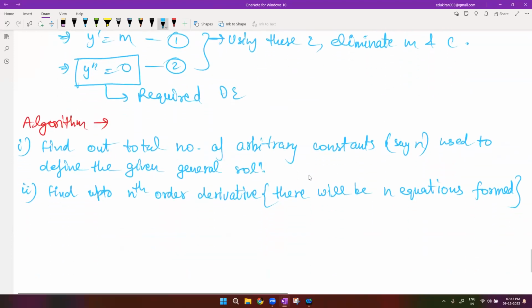So let's say you have two constants, then you have to find up to second order derivative. In that case, you will get two equations. One is for the first order derivative and another is for the second order derivative.